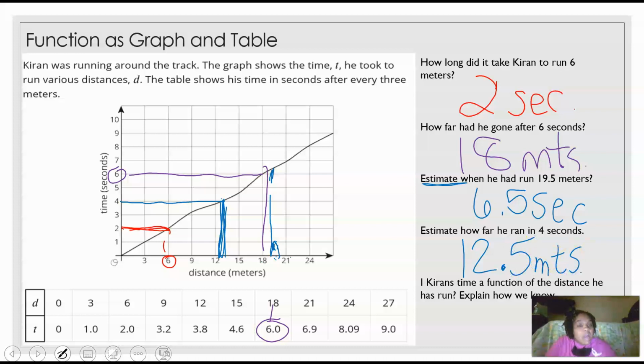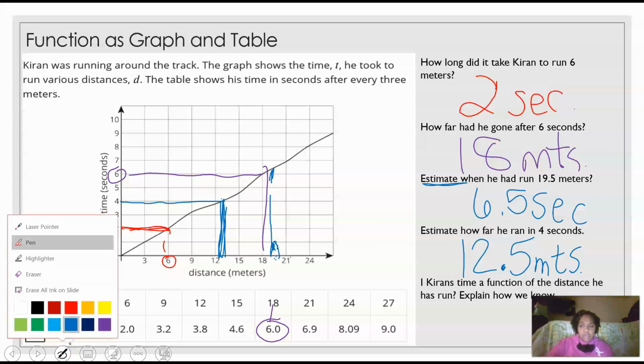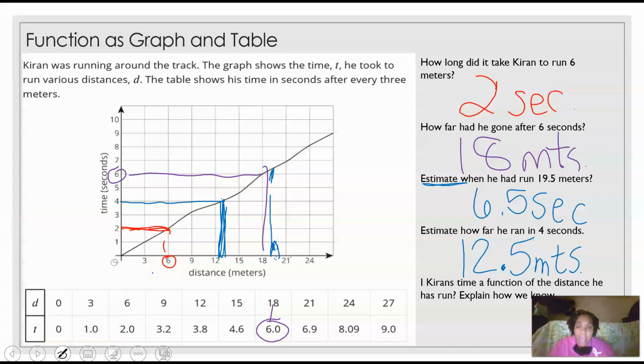Now, is Kieran's time a function of the distance he has run? Now, I say, what do you say? I know that for a function, for every one input there must be one output. If I do the pencil method on a graph, I know it's a function.